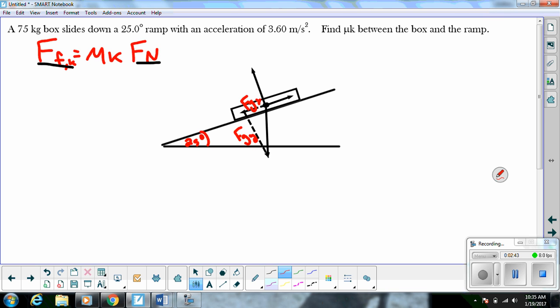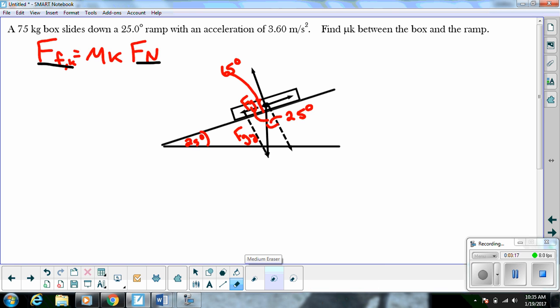Now, according to how I have this diagram drawn, the angle that's created right here is 25 degrees. Therefore, the angle that's created in the right triangle is going to be 90 minus 25, or 65 degrees, thinking about complementary angles from your geometry class.